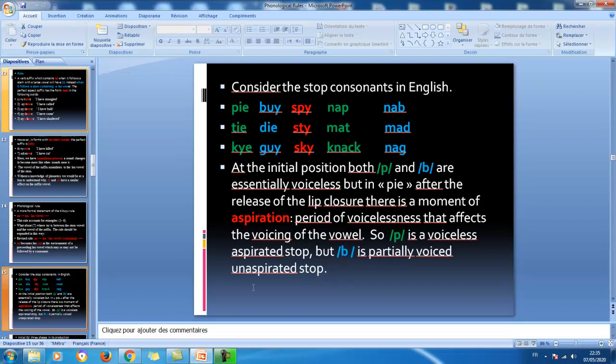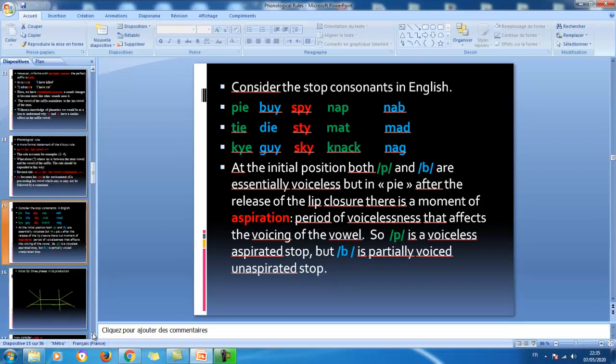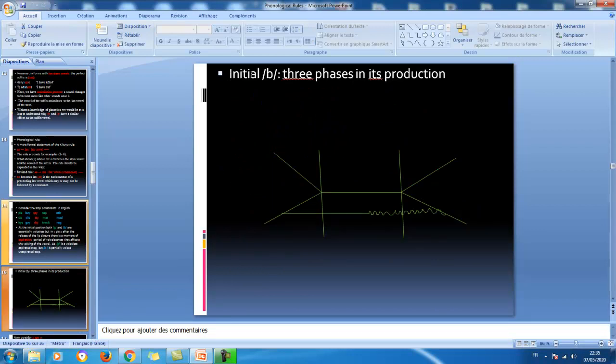Let me just show you this fact through figures. Normally, we know that B is voiced, but in some contexts, especially when it is at the beginning of words and there is nothing before it, this initial B is voiceless.